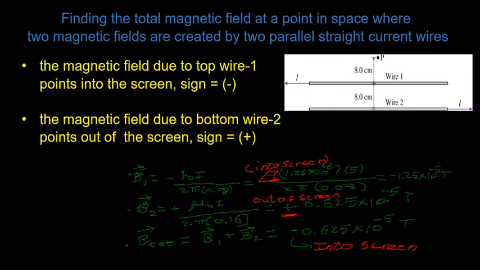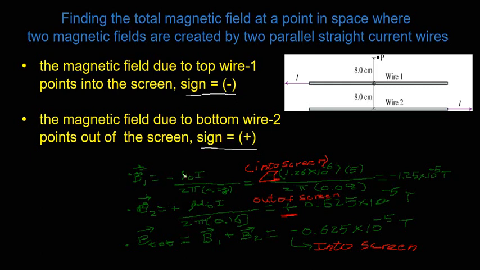In this slide, we have calculated the field due to individual wires, and we're going to see what happens if we add them. Again, from the previous slide, we know that the field due to the top wire is negative, the field due to the bottom wire is positive, and so B1 is due to the top wire.